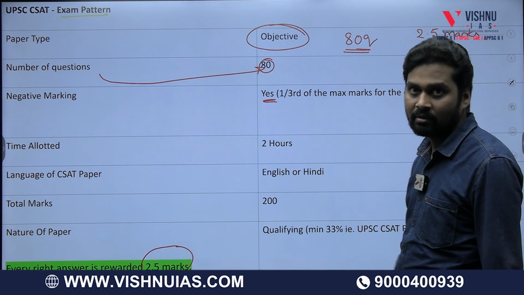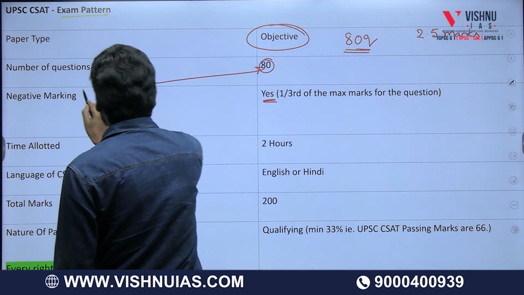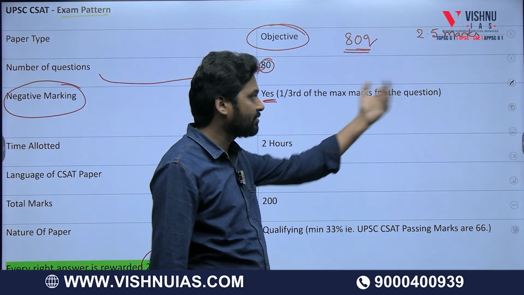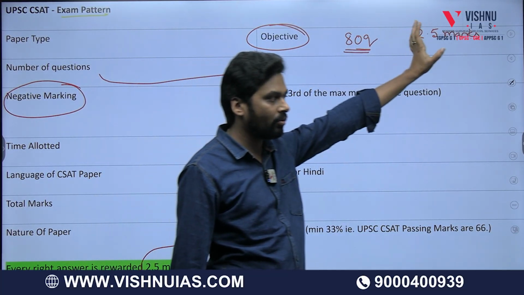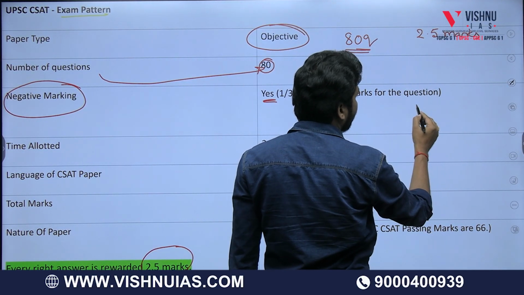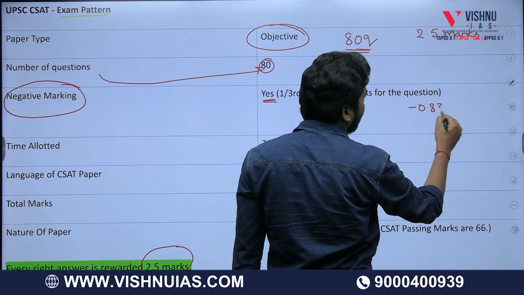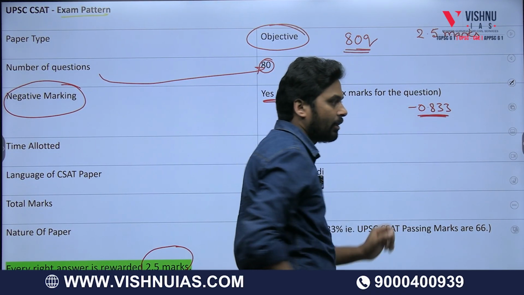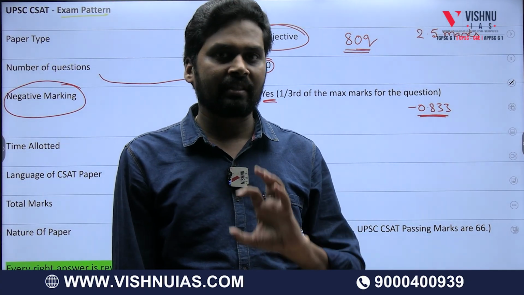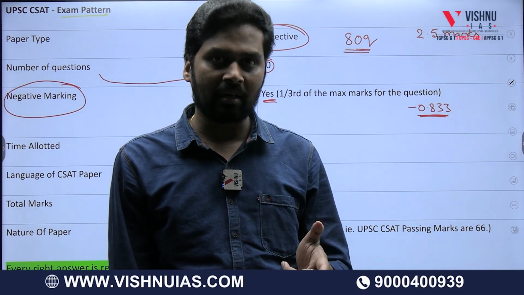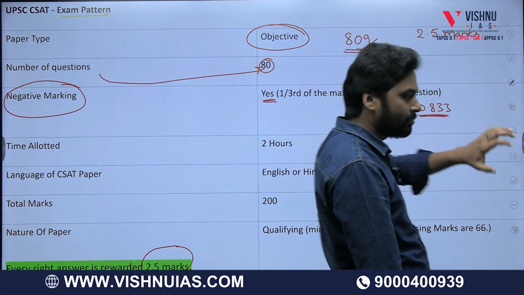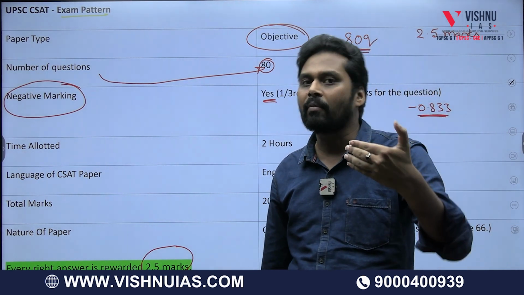The negative marking is 1/3 of the maximum marks of the question, which means 1/3 of 2.5 marks, which equals 0.833 marks. So if you mark a wrong answer, you will lose 0.833 marks, approximately 1 mark.